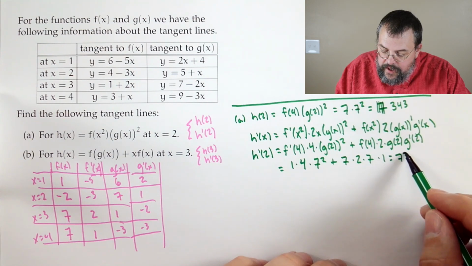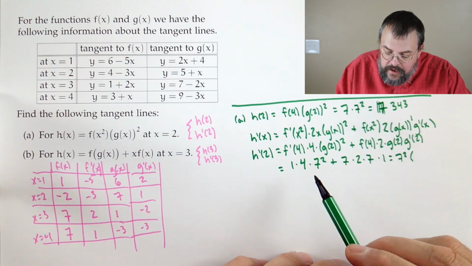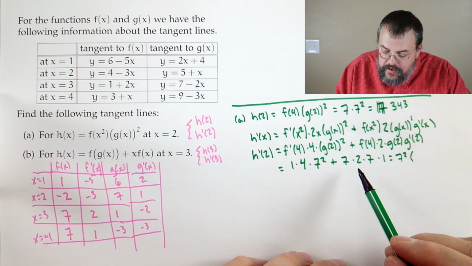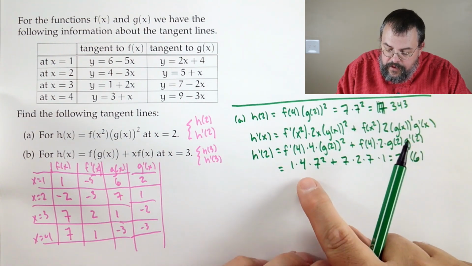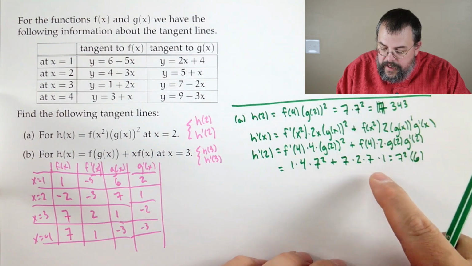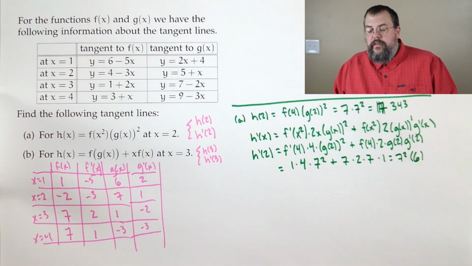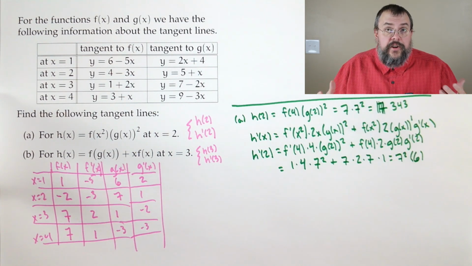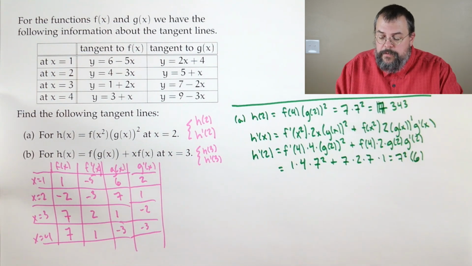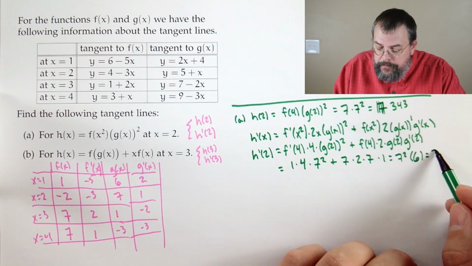So it's 7 squared times 4 plus 2, so that would be 6, because you get 4 from the first term and 2 from the last. And 7 squared times 6 is 49 times 6, which is 240, plus 54, which makes that 294.